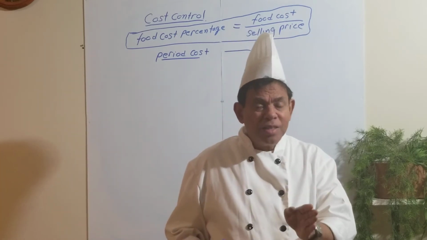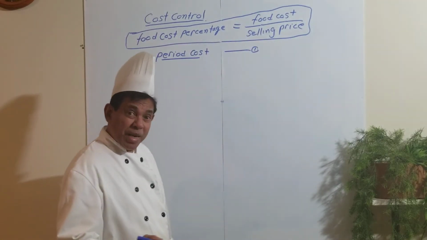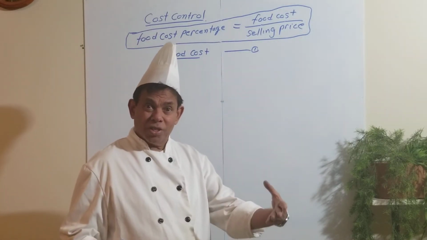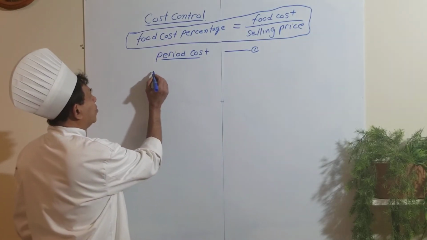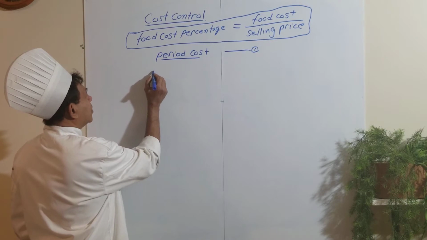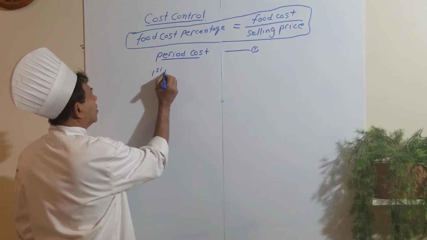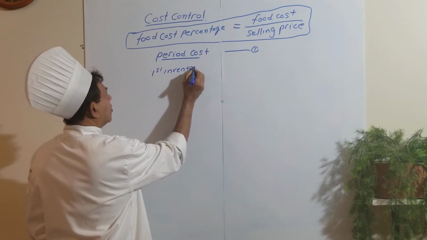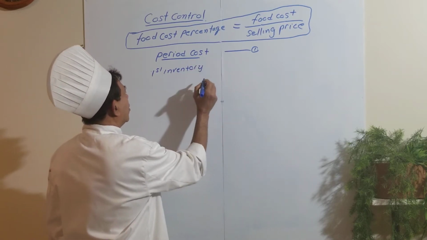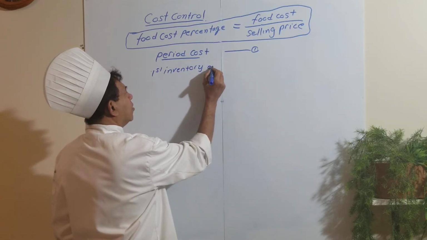When I do my inventory at the end of the month exactly, it gives a price, a cost. It figures out the cost. So I say the first inventory, the end of the month.